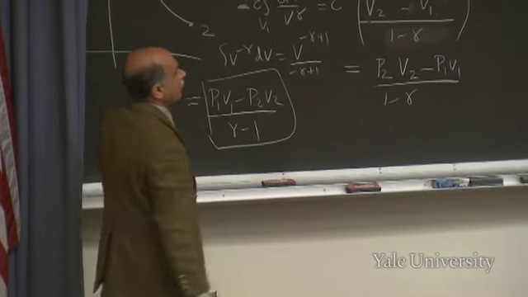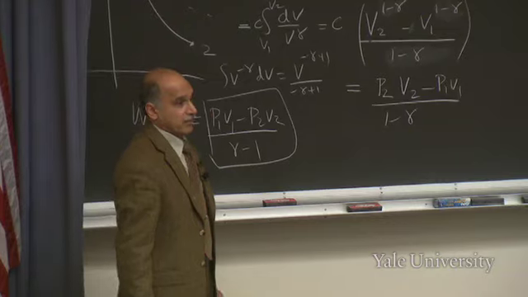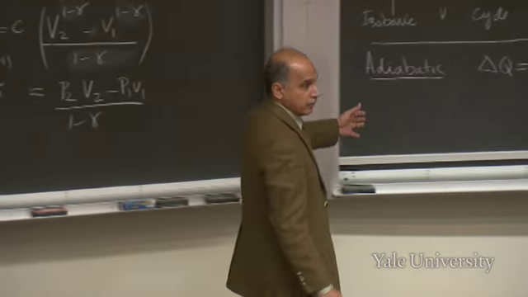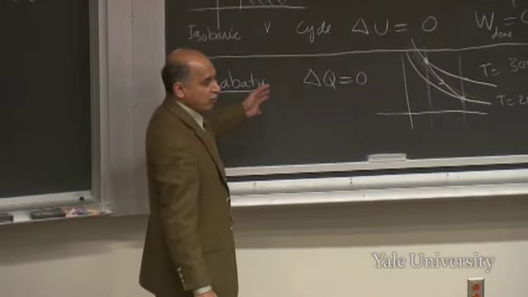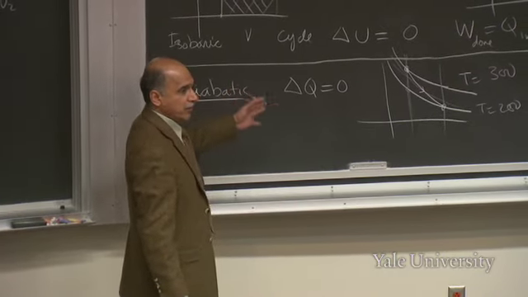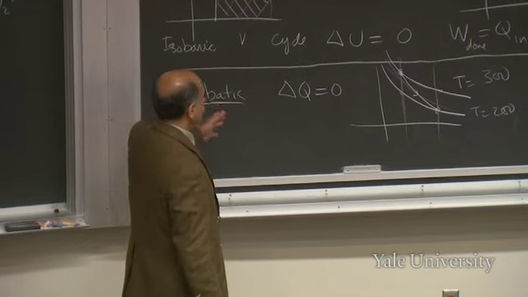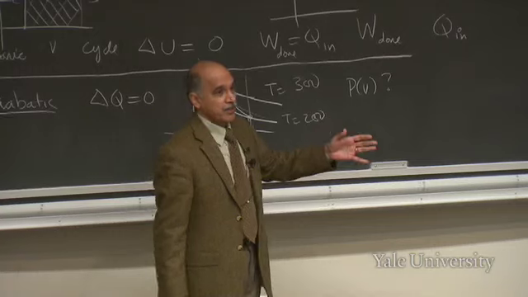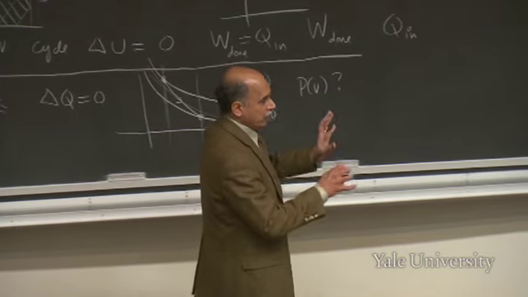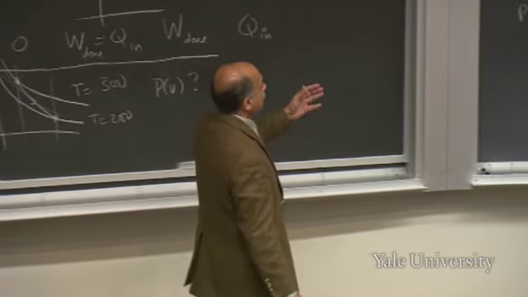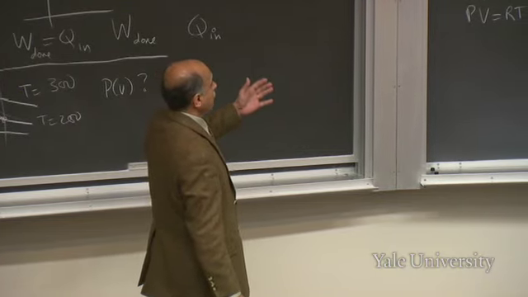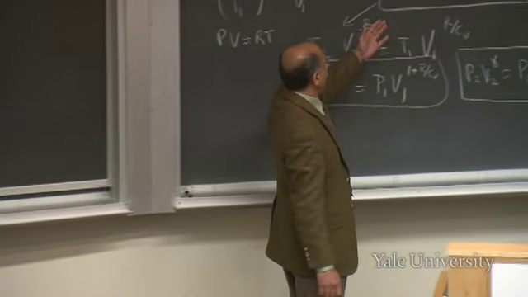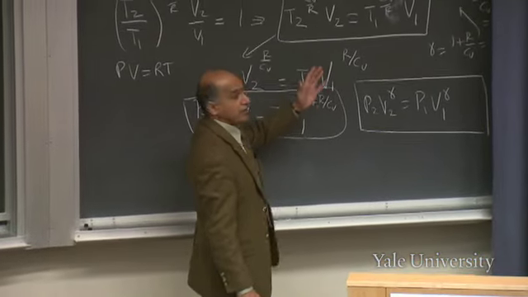So what's been going on? Let's think about what I've been doing. I told you that there is a new process called adiabatic, a very important process, in which the system is not allowed to exchange heat with the outside world. Delta Q equal to 0 is a condition relating delta U and P delta V. And the changes are correlated, and the effect of adding up all the changes, namely doing the integral, is this one: temperature to the CV over R times V does not change along the path.